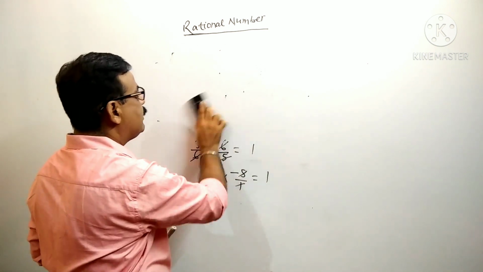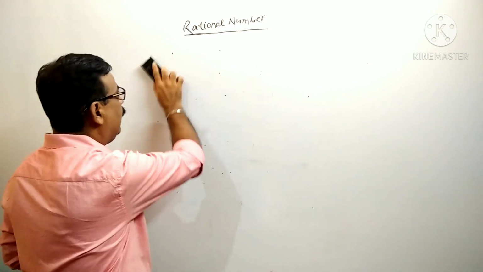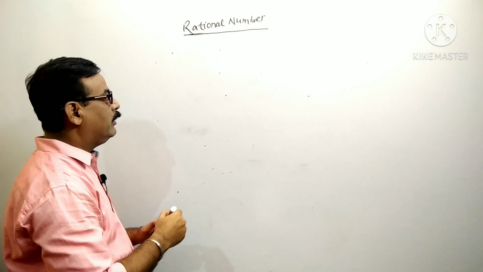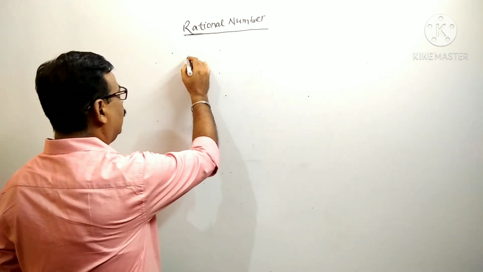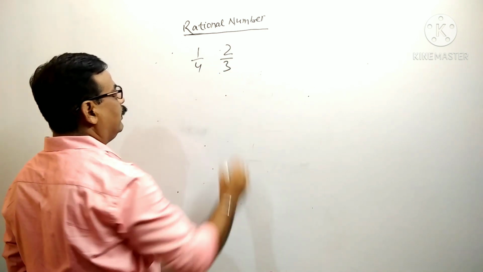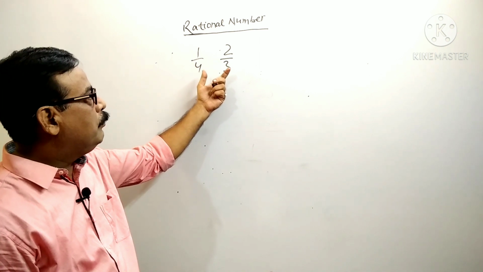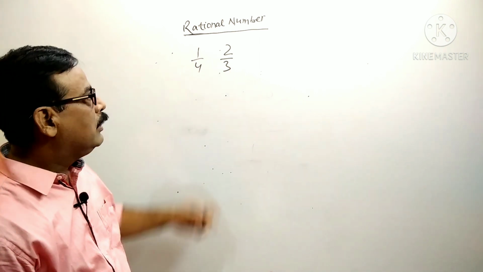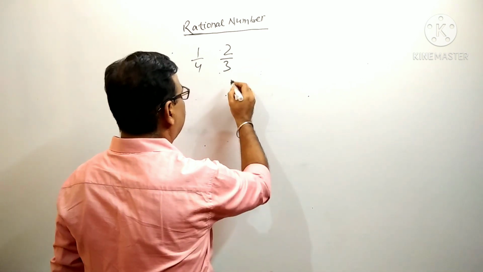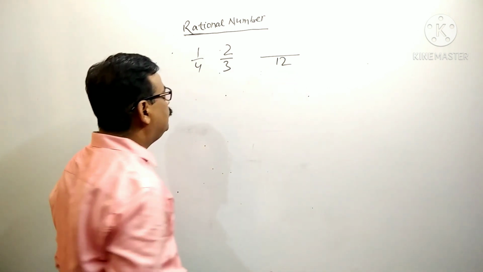The next question is, how can we know which rational number is greater and which rational number is smaller? Here is an example. Suppose 1 by 4 and 2 by 3. From here we are not getting which number is greater and which is smaller. So what you have to do, you just find the LCM of these rational numbers. Suppose here the LCM is 12.